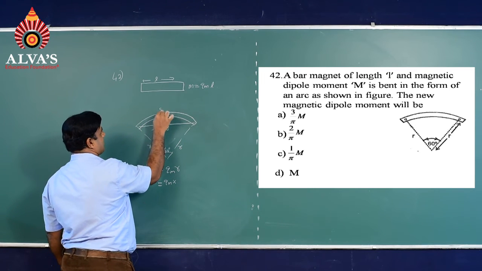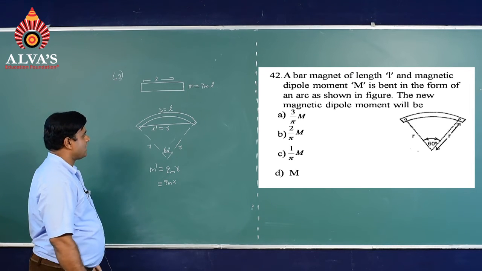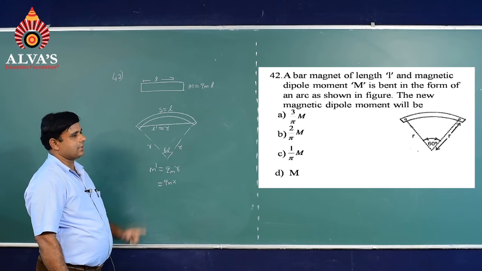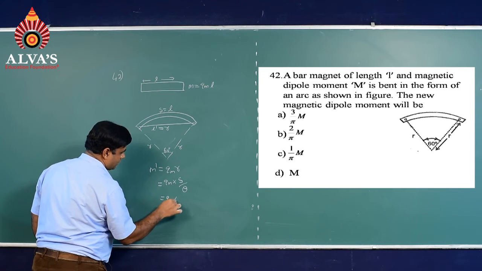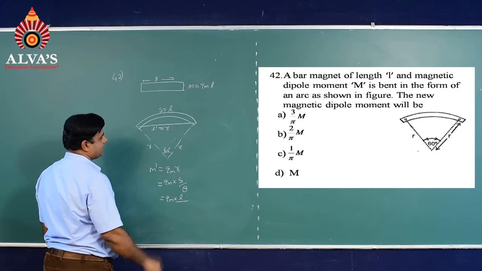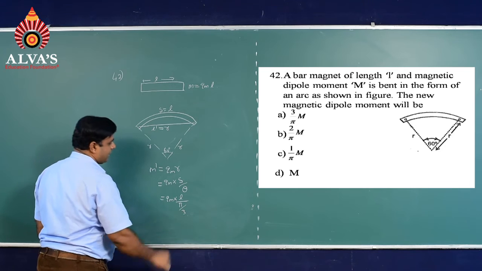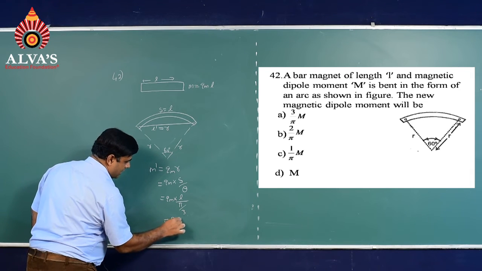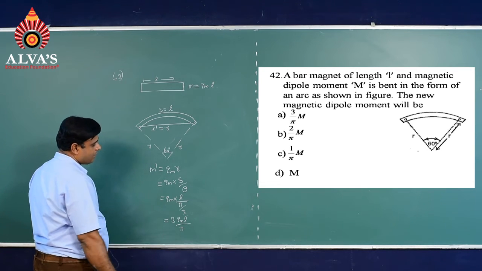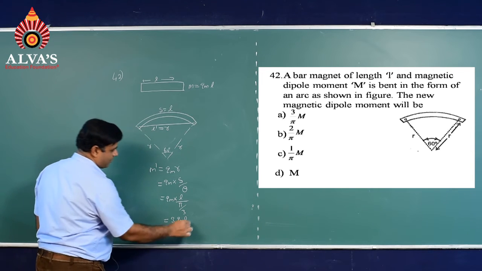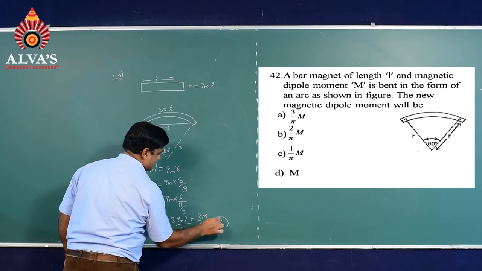If I take this as S equal to L, arc length equal to R into theta, therefore R is S divided by theta, which is qm into S, S is equal to L, theta is 60 degree, which is pi divided by 3, which is equal to 3 qm into L divided by pi. Qm into L is nothing but M, which is equal to 3M divided by pi. So the answer is E.